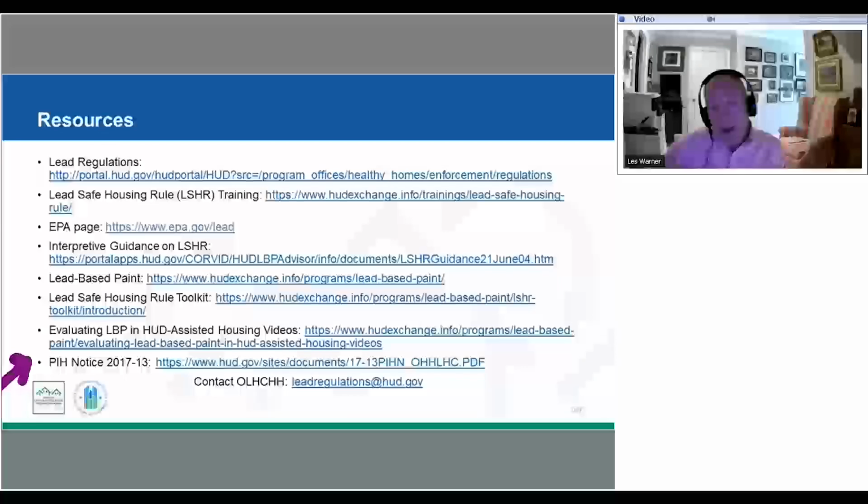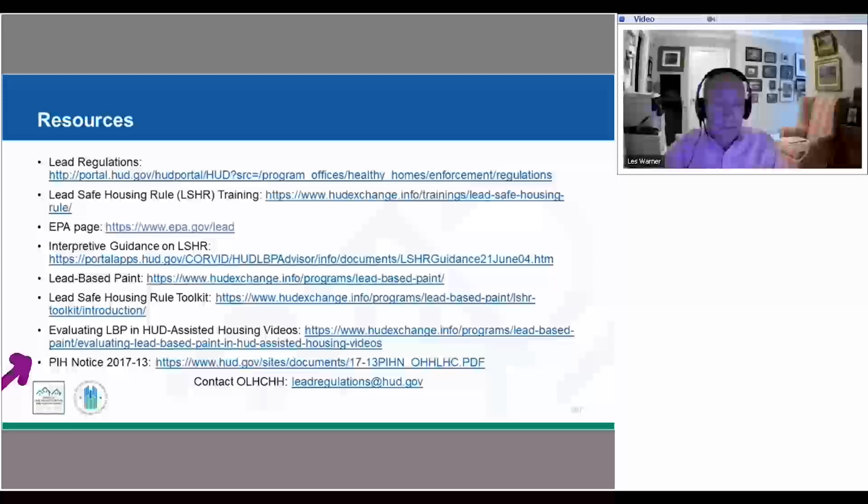And then I also think in our slide presentation, at the end of each of our sections, we've made a point of having a slide that talks about the documentation that you need to have in place. I think you could easily pull together a checklist from that, cross-referencing it with the PIH notice.